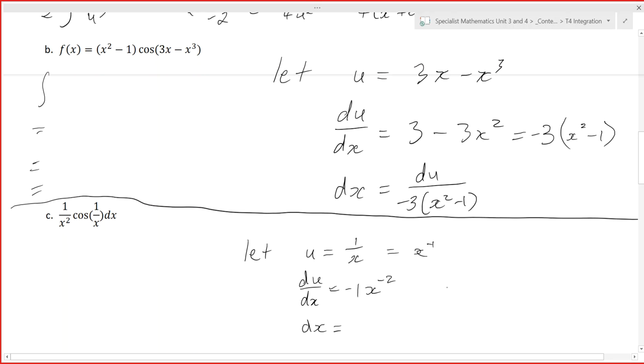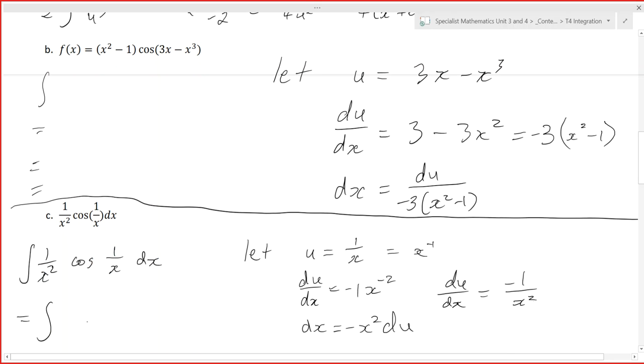So if you look at this, I'll simplify this. So this has actually become this now, right? And then we bring the x squared over, bring the dx over. So you're left with negative x squared du.